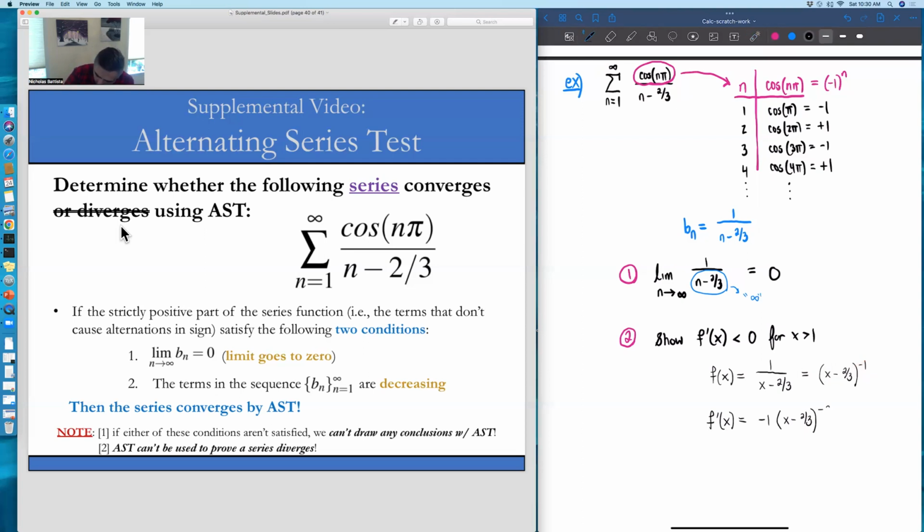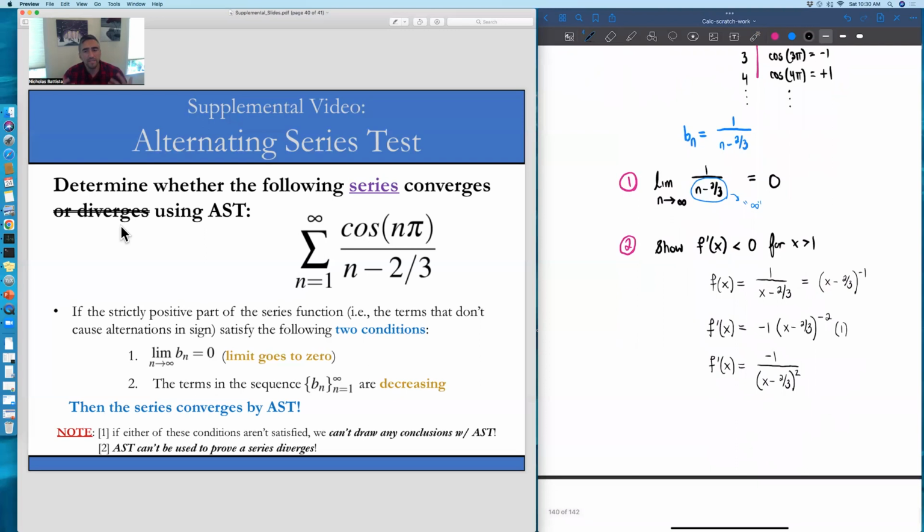So this is now to the minus 2. And then finally, we differentiate by what's inside of the parentheses. The derivative of x minus 2/3 is just going to be 1. So this derivative is basically a minus 1 all over the quantity x minus 2 over 3 squared.